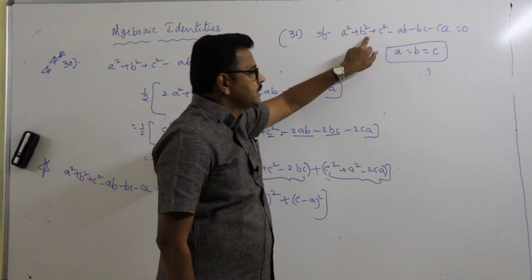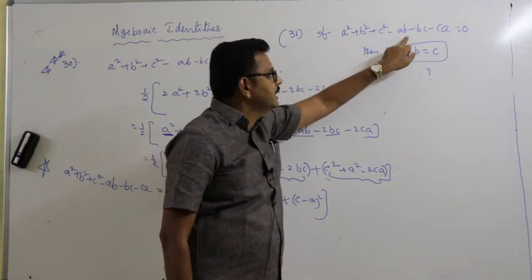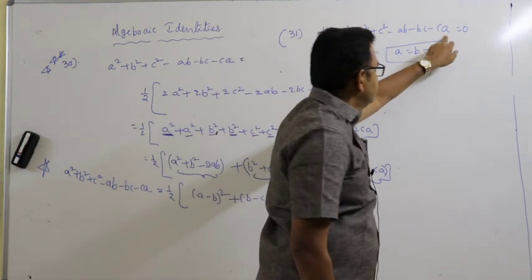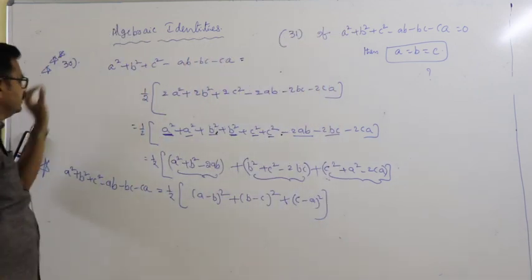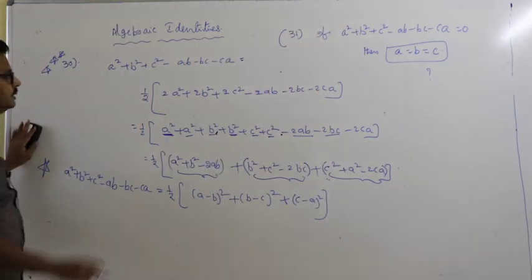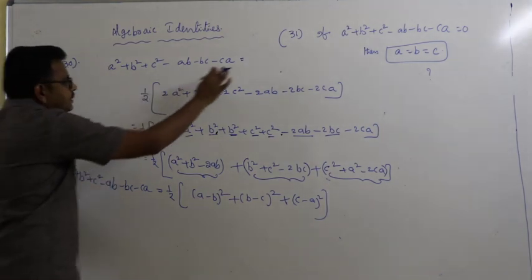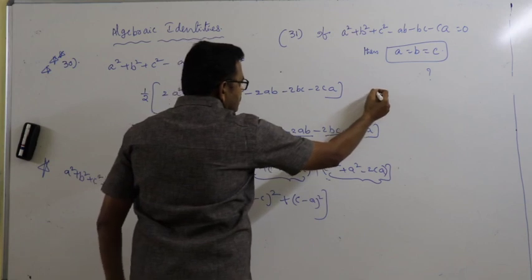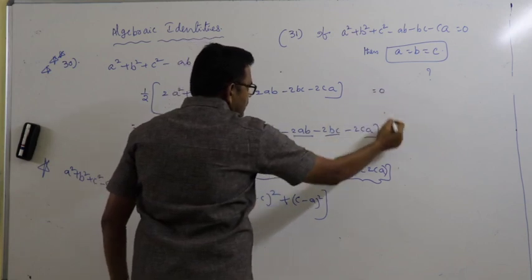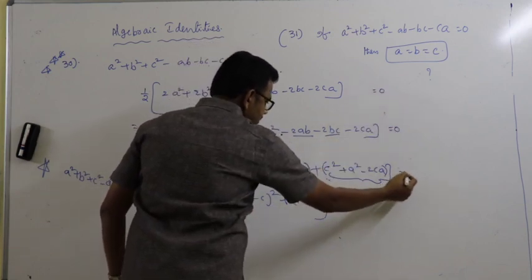A square plus b square plus c square minus ab minus bc minus ca is equal to 0. Just see the point number 30. So in this 30th point you can put 0 is equal to 0. So that is also 0, this is also 0, this is 0.